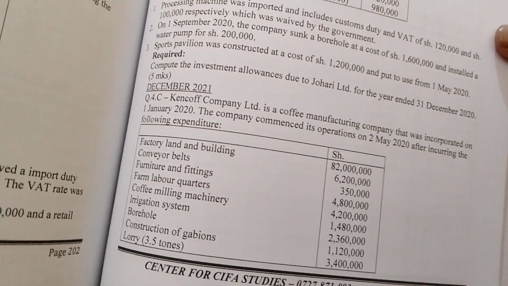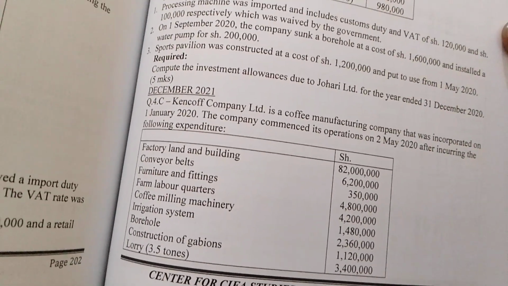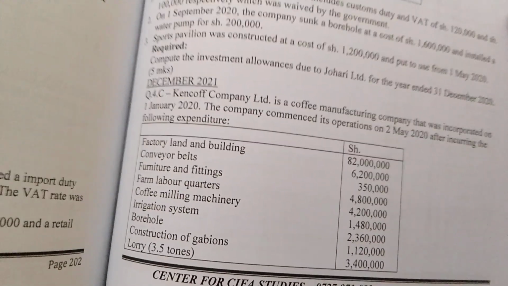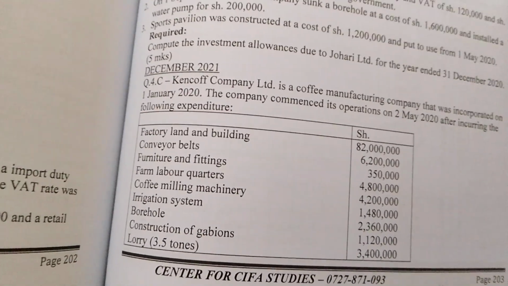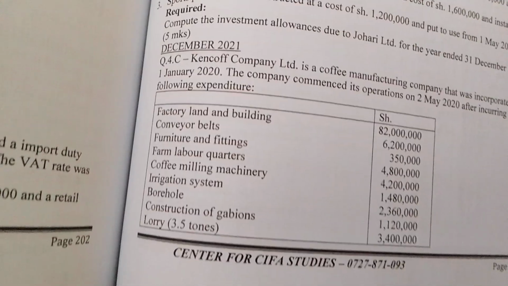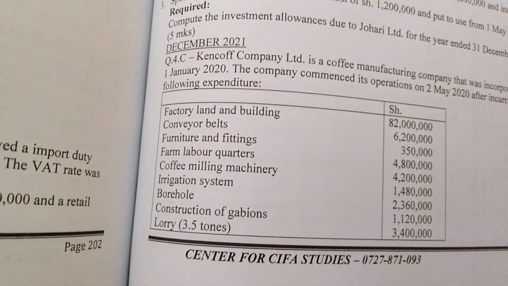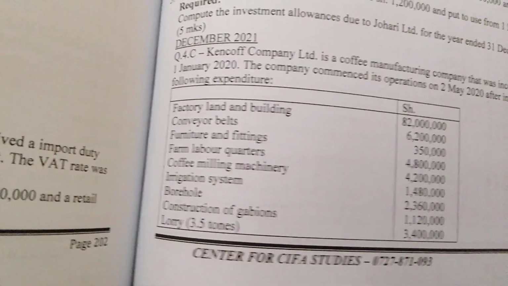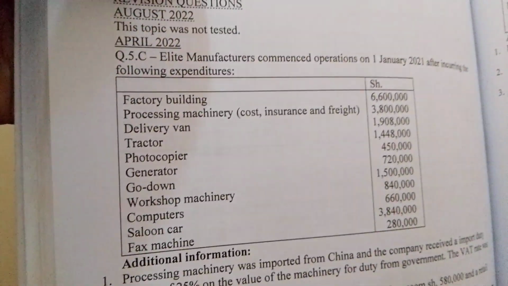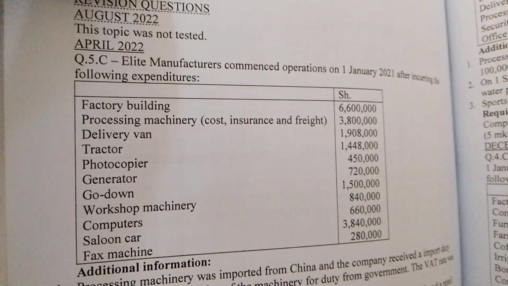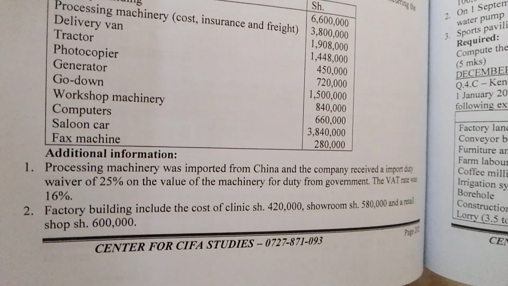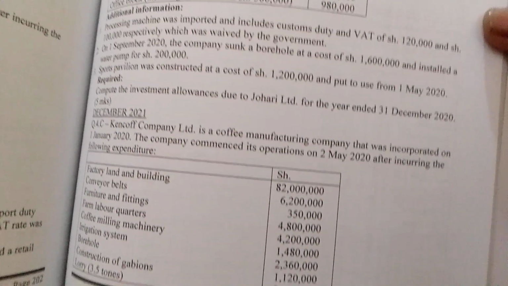You can see December 2021, Kenkoff, we have done that. December 2021, question 4C, Kenkoff Company is what we have done for now. We have also done the April 2022, question 5C, Elite Manufacturers. I've shown you the solution for that.